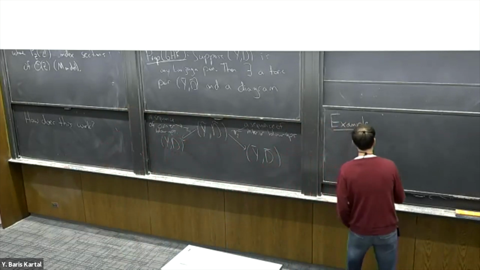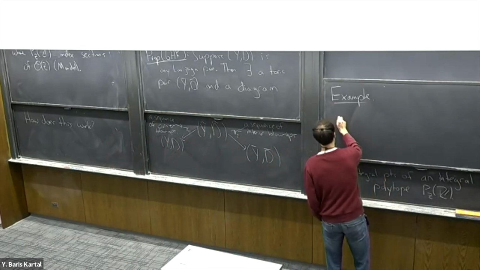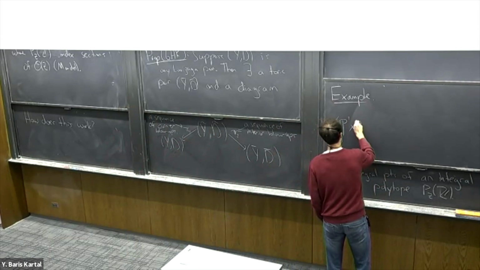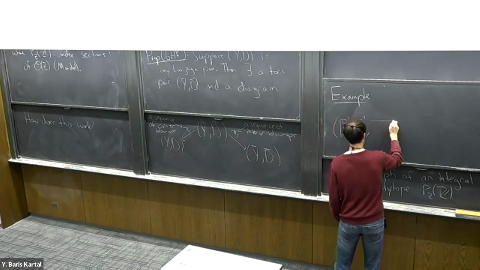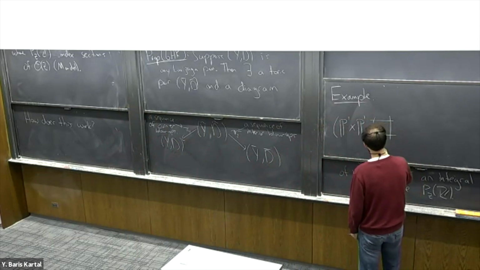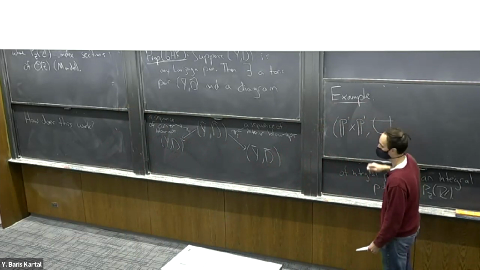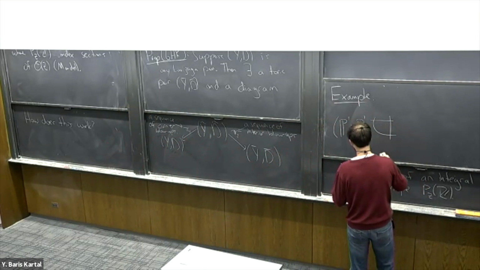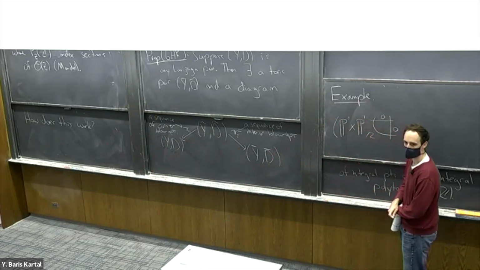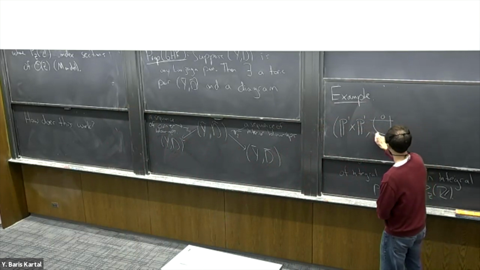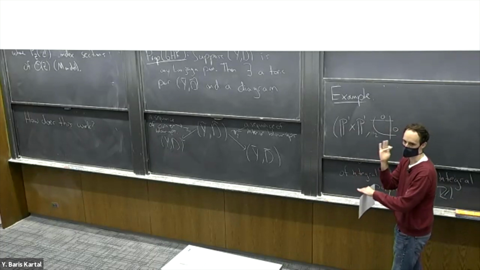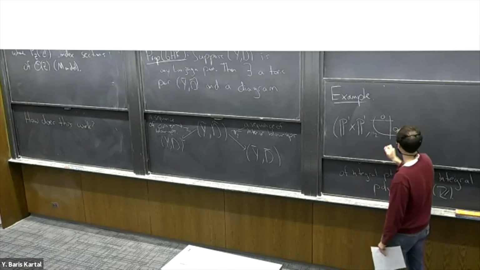So for example, maybe I take the pair which is P1 cross P1, which has this smooth corner. I'm going to label them by their self-intersection numbers. This curve has self-intersection 2, and these two have 0 because they're line classes in P1 cross P1.